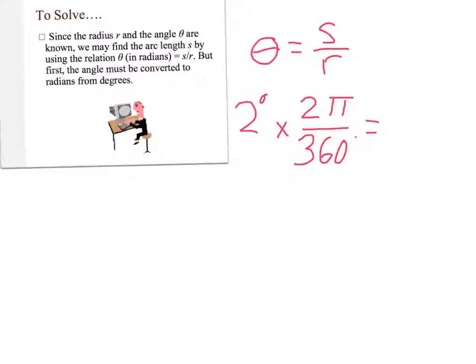So 2 times 2 pi divided by 360 gives us an angle of 0.0349 radians. Now that we have theta, 0.0349, and we have r, we need S is equal to r theta.